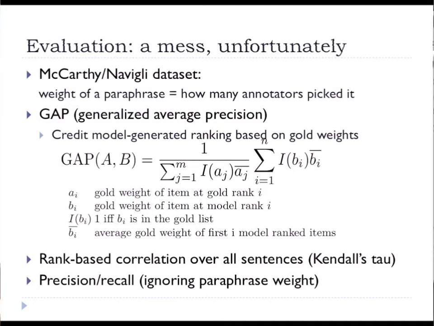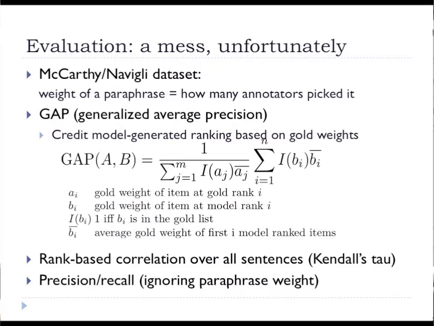A lot of people use these weights in evaluation by using generalized average precision, where they credit the model-generated ranking based on the gold weights, where the gold weights are how many people picked this paraphrase. Another way is to do rank-based correlation, using Kendall's tau this time, over all sentences.